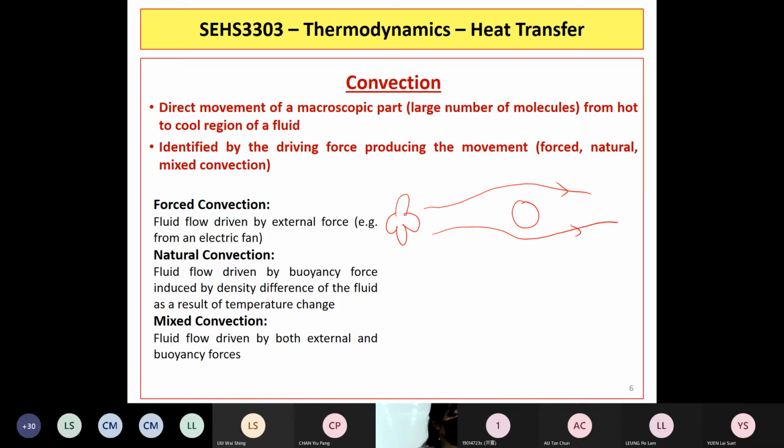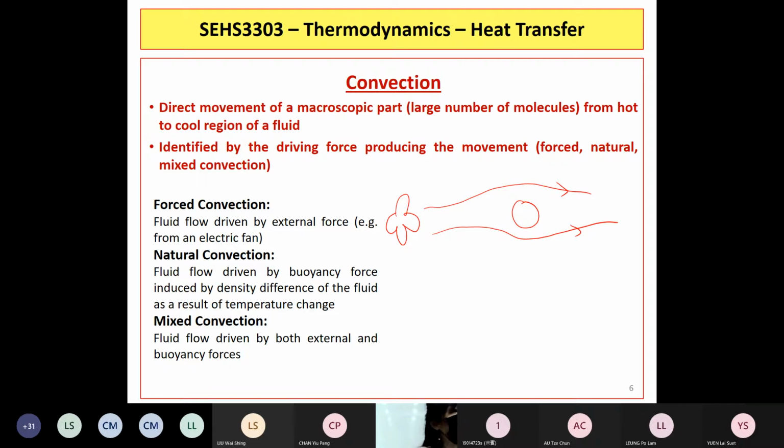Natural convection. Sometimes we call it free convection. Free convection, natural convection, they are the same. That means the fluid flow is driven only by the buoyancy force without any external force.